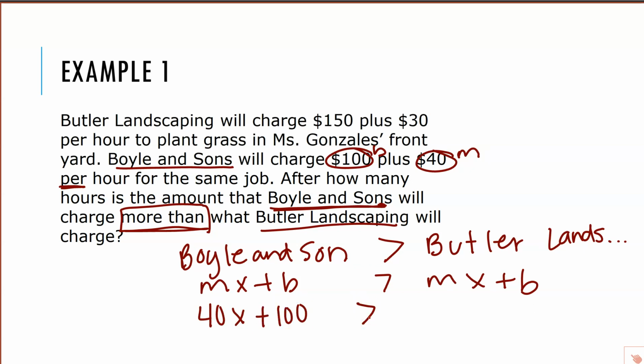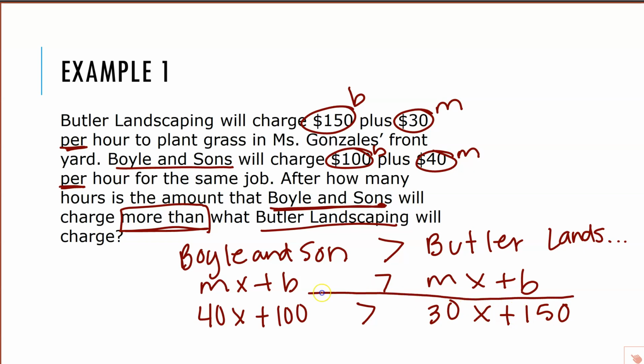And now for Butler Landscaping, we'll charge 150 plus 30 per hour. So 30 is my M and 150 is my B. So 30x plus 150. All right, and that one will be our equation.